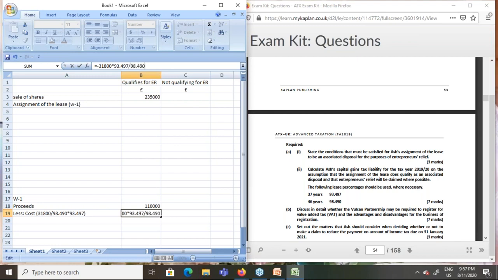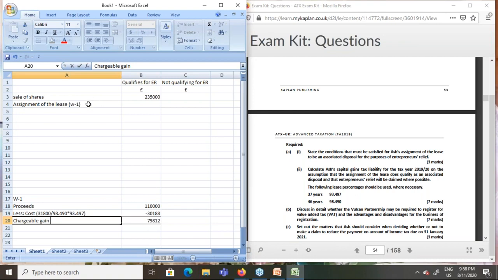Let me double check. Yeah, now you get 30,188. So when you do that, you get a chargeable gain of 79,812. So on the assignment of the lease, the chargeable gain is 79,812.